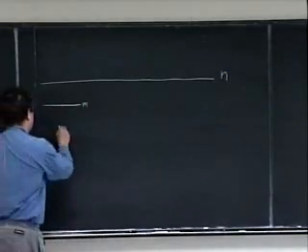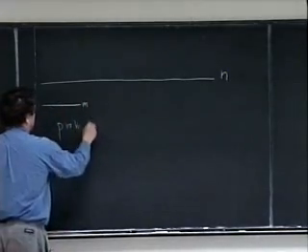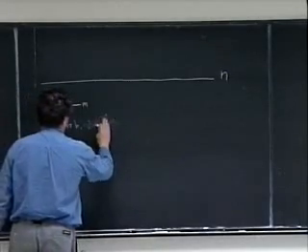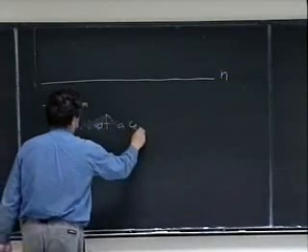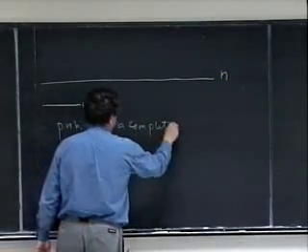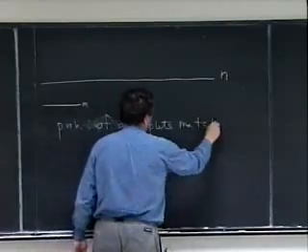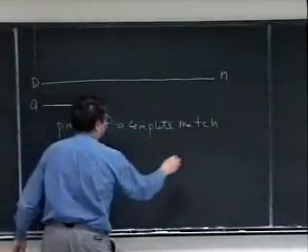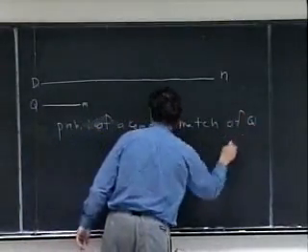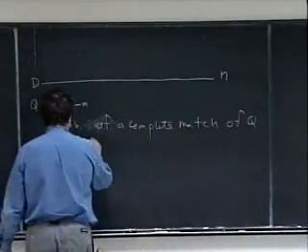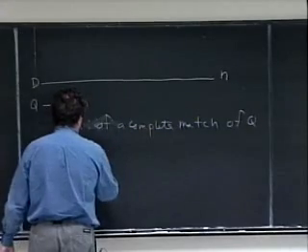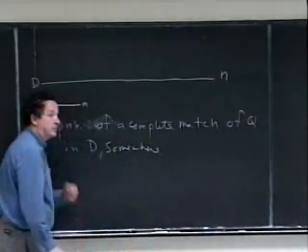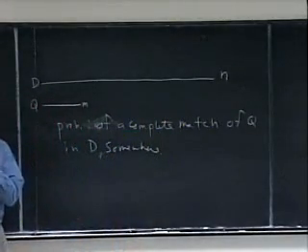So the probability of a complete match, call this thing Q, call this D, of Q in D somewhere, or at least once.